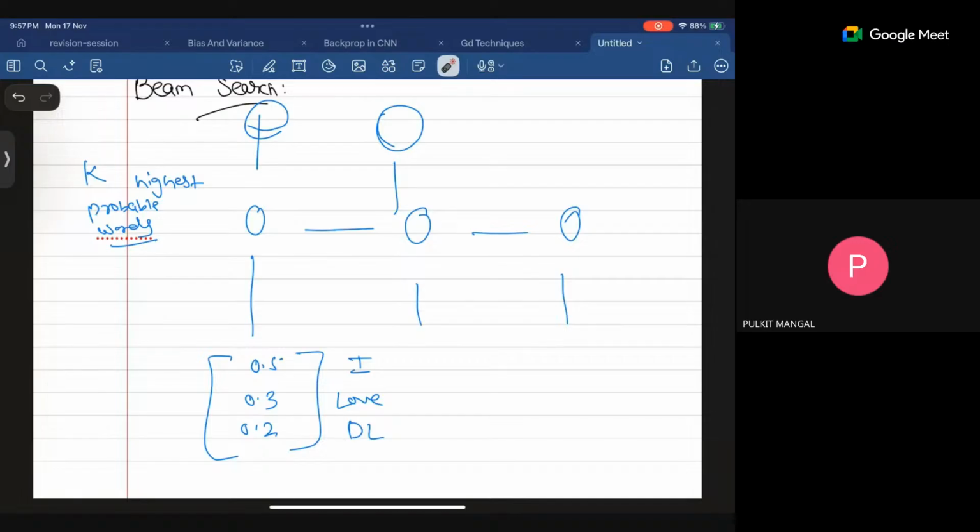Any doubt in whatever we discussed for week 8? Sir, after generating the sequence with the most probable words, we will find the BLEU score? Yeah, you can find the BLEU score to see how good you are performing. Generally there are different metrics, and you choose which metric you want to use. BLEU score is one of the metrics to evaluate how good your sequence is. There's also something called word error rate, which is like the number of words that were not there, the number of new words that come up, or something like that.